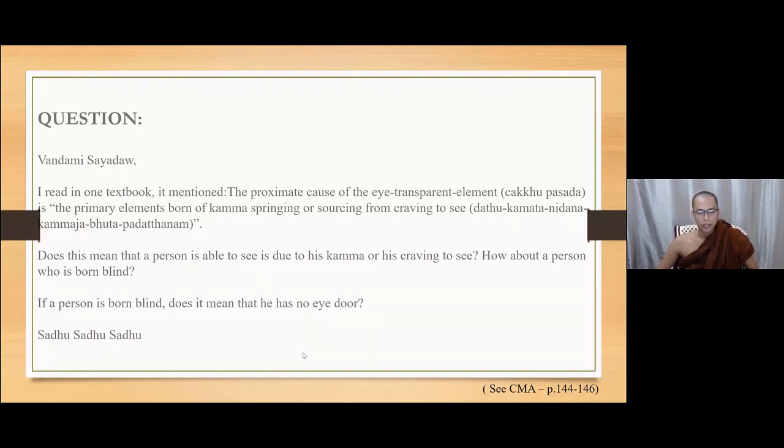Actually, the former part of your question mentioned that the eye door, which is called the eye sensitive materiality, Chakkhupasada, is created by the karma, and also that is due to the craving to see. So in both cases, we perform the karma under the influence of craving.